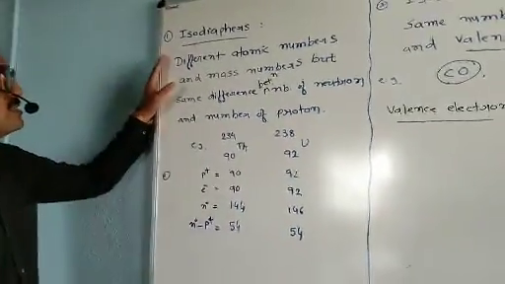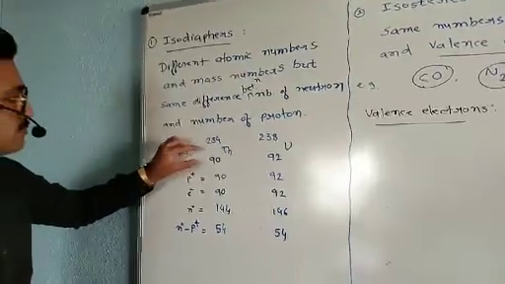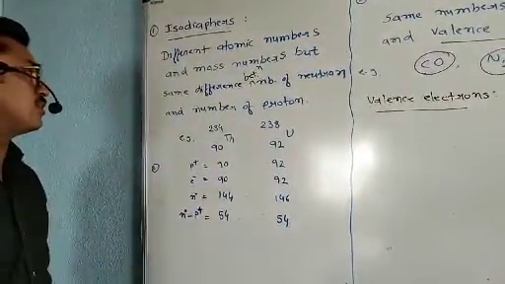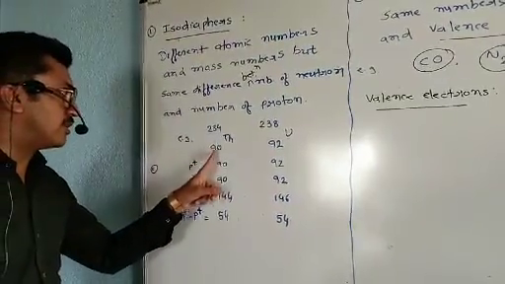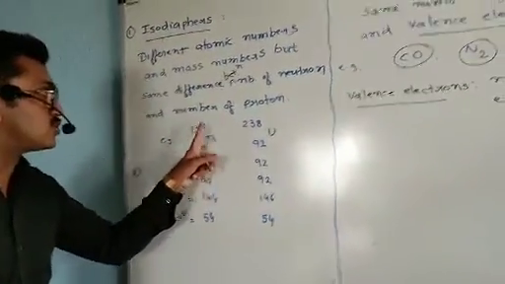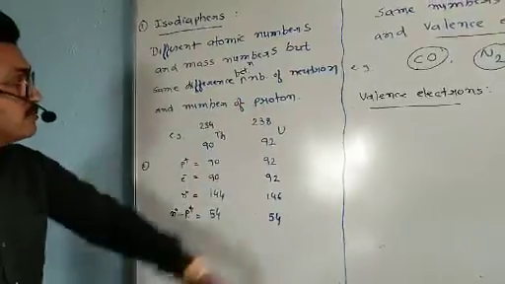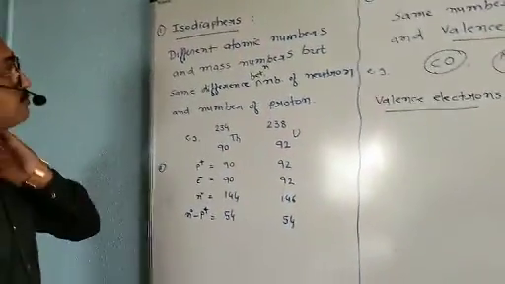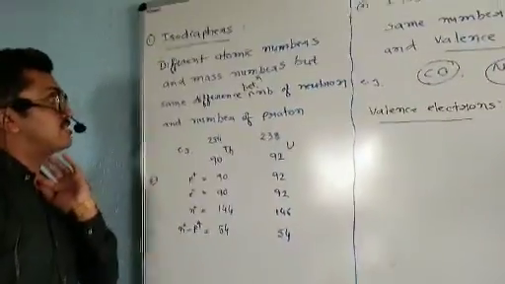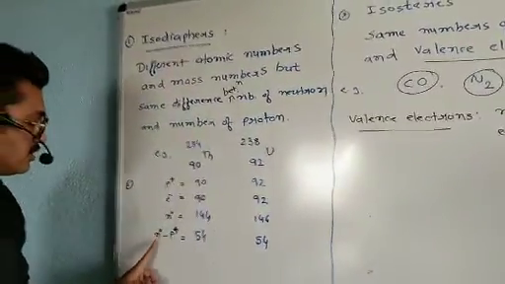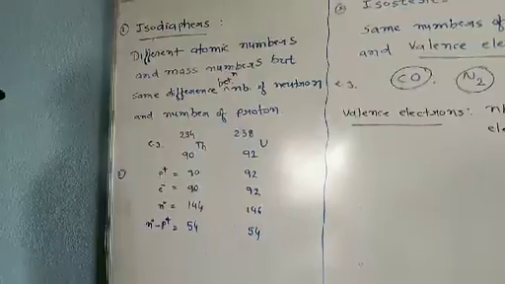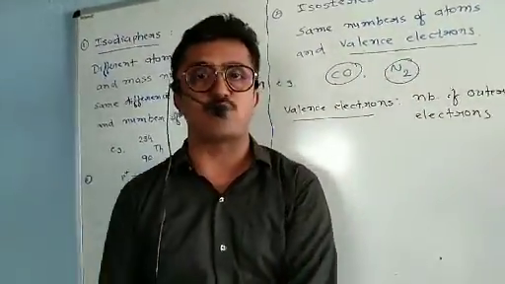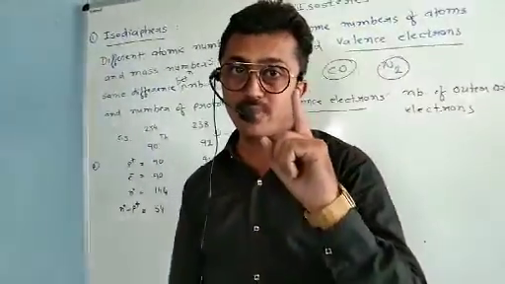So the atomic numbers and mass numbers differ: see here, the mass number is 234 and 238, but the atomic numbers are 90 and 92. The atomic numbers and mass numbers differ, but the difference between neutrons and protons is the same; this is known as isodiaphers. So these are the examples of isodiaphers, students.